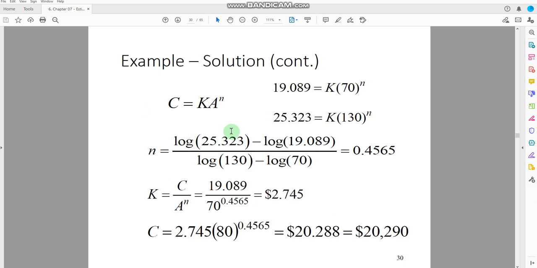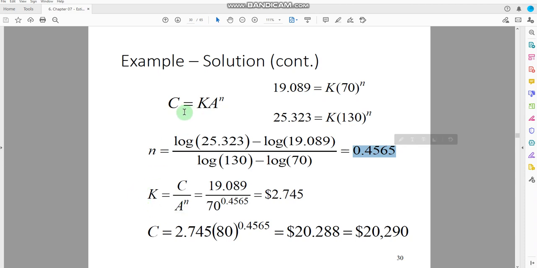You take the log of what we have on the y-axis, and on the x-axis we are provided with the capacity, so you would take the difference of the capacity. Here you would get the value for the slope, which comes out to be 0.4565.